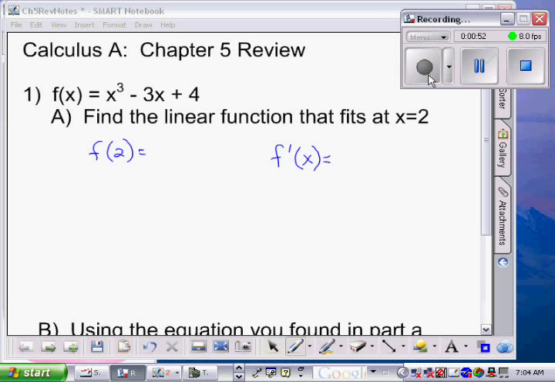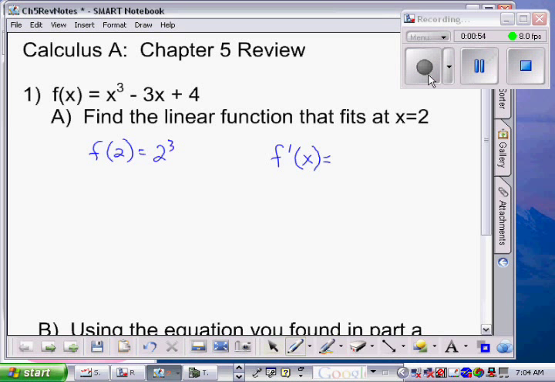If we plug 2 into the original, like Peter said, what did you get for your y value? 8 minus 6 plus 4. Minus 6, don't forget. So you end up with 6. So we have the ordered pair 2, 6. For the slope, you have to know the derivative.